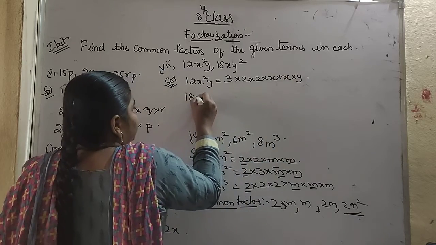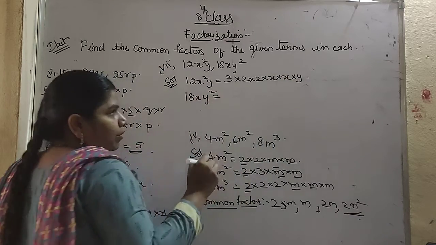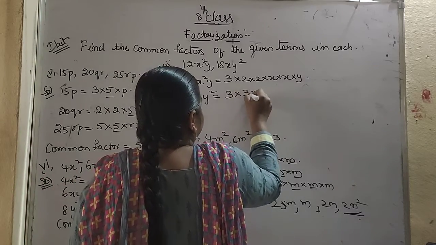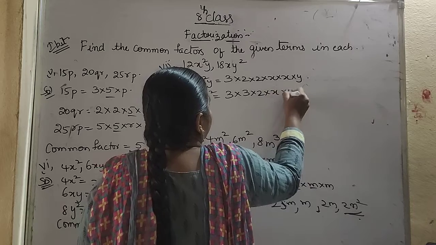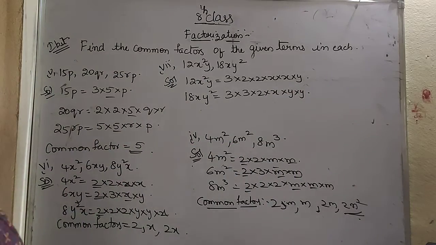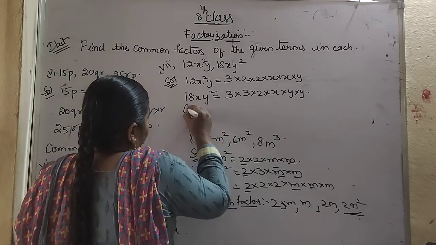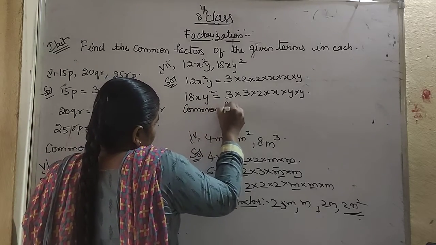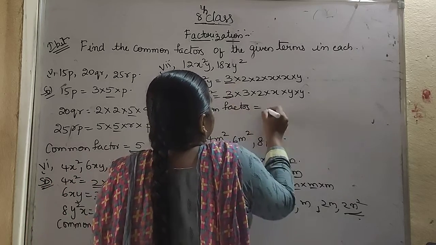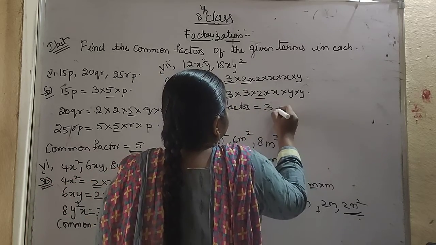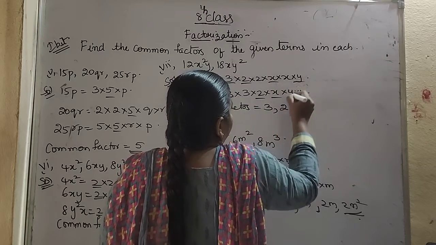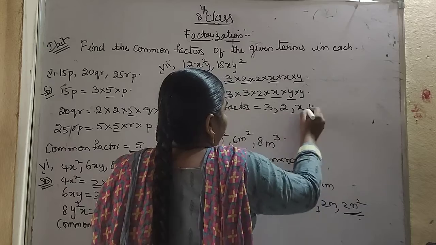And 18xy square can be written as 3 into 3 into 2 into x into y into y. Now the common factors we have to take out. Common factors are 3, 2, x and y.